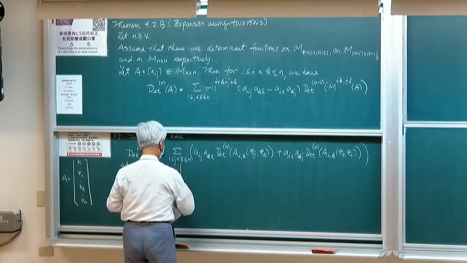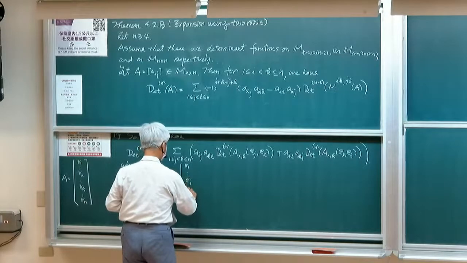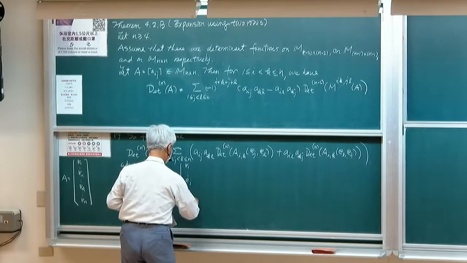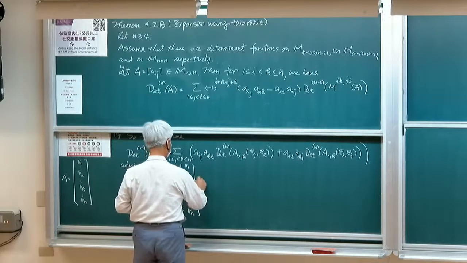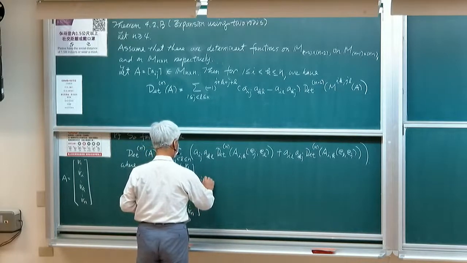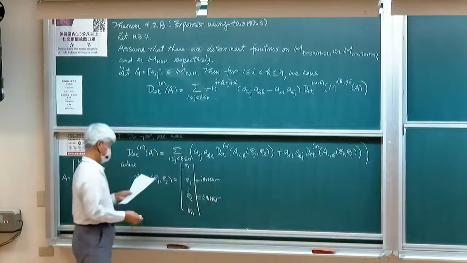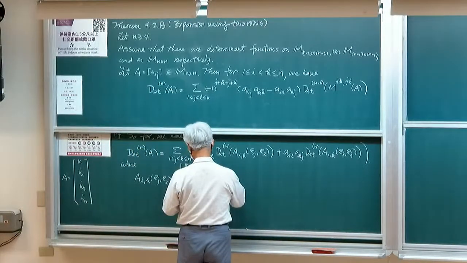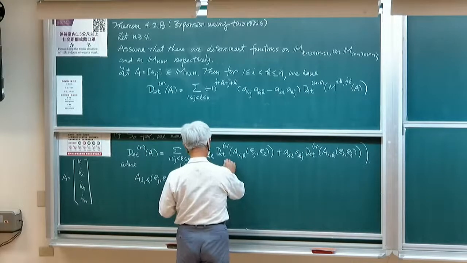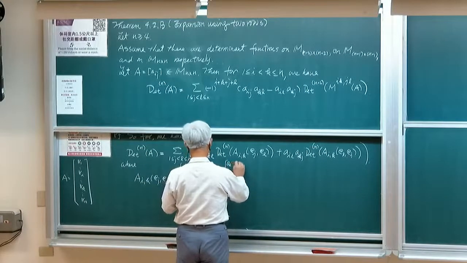So this is R1, this is e_j, this is e_l, and this is Rn. So this is the i-th row, this is the k-th row. Okay, and so we have, last time we have.